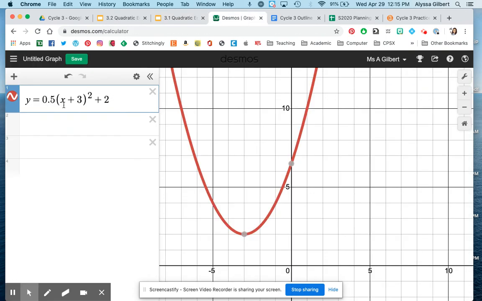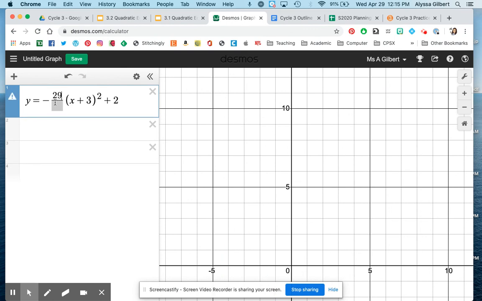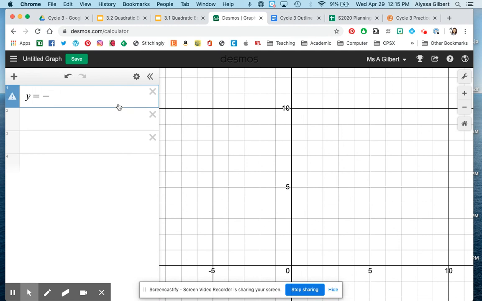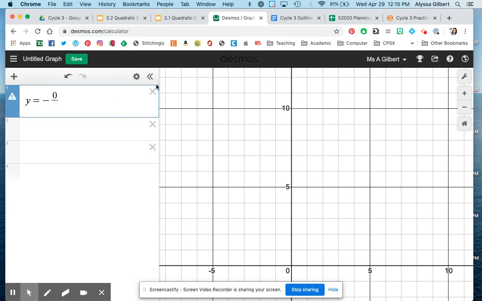So y equals -0.29. Oops, start all over again. Sorry, guys.